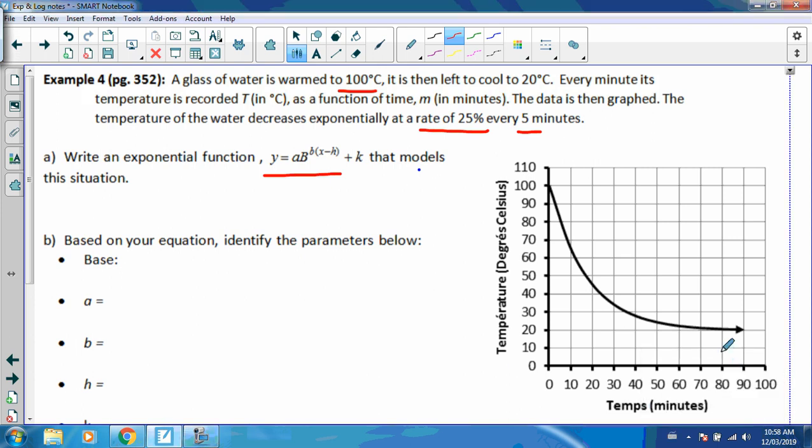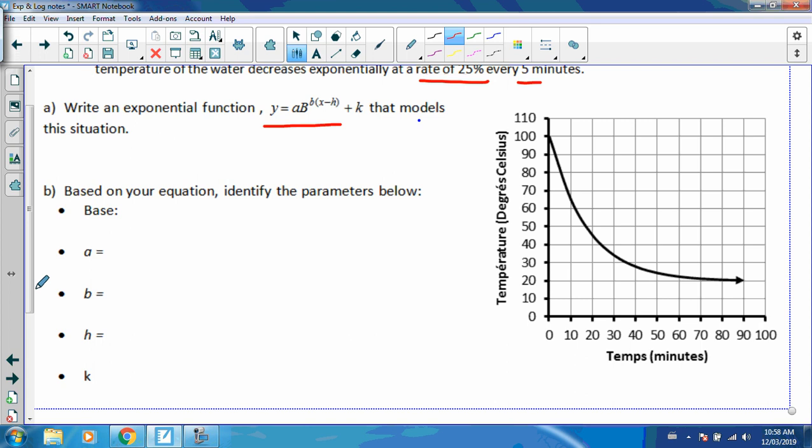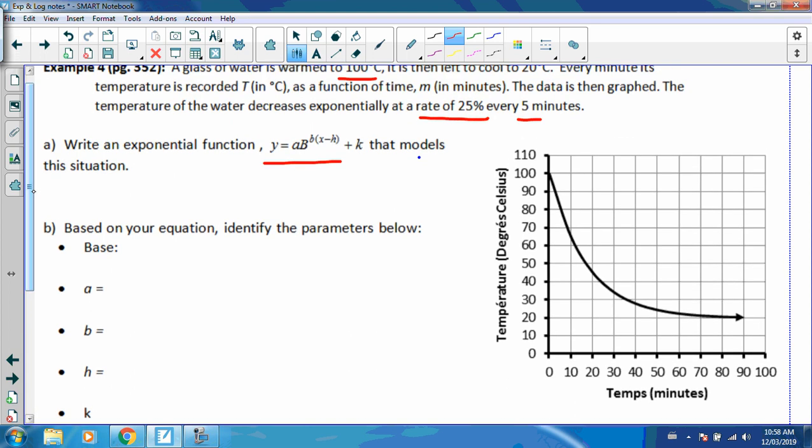Okay, so this is a bit of a trickier problem. If I look down here, the base that I'm going to come up with: if it's decreasing by 25%, 1 minus 25%, my base is going to be 0.75. Then, what am I after next?